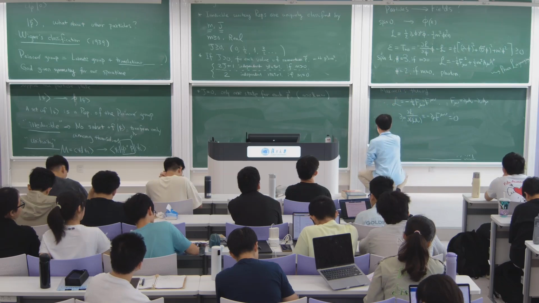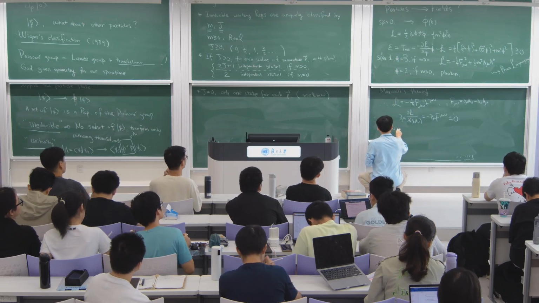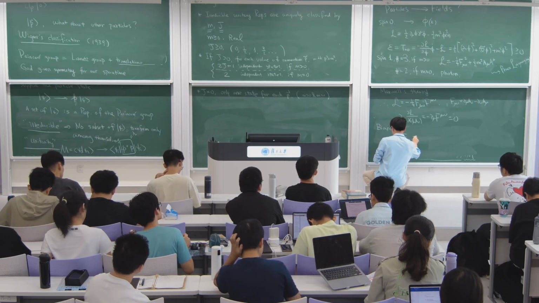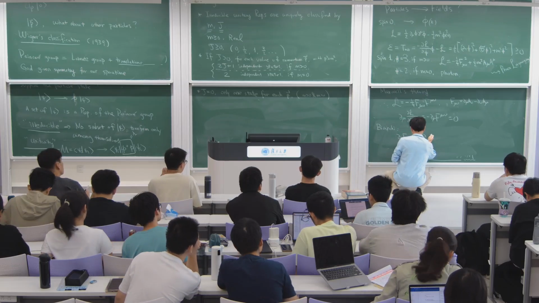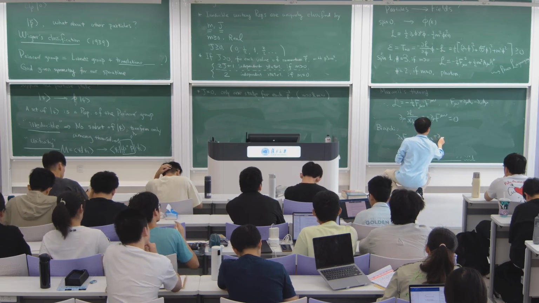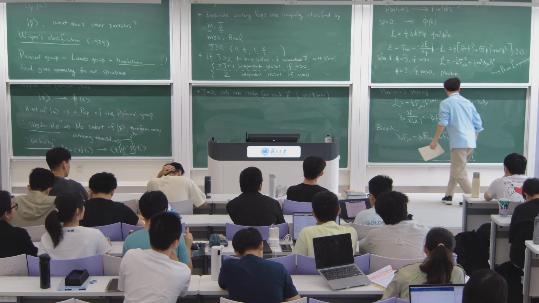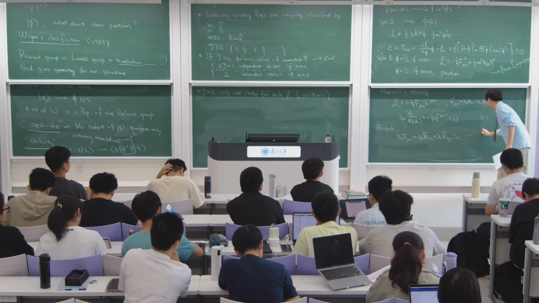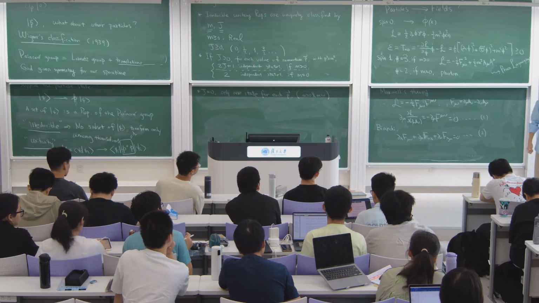But there is also a Bianchi identity. Combining these two, 1 and 2, you can recover the usual Maxwell's equations.